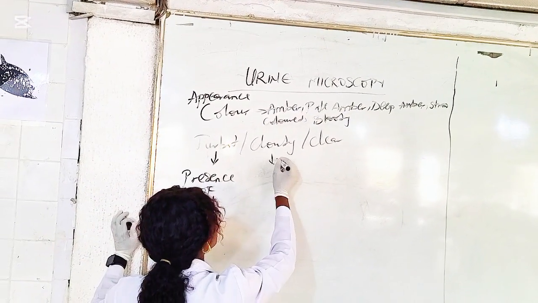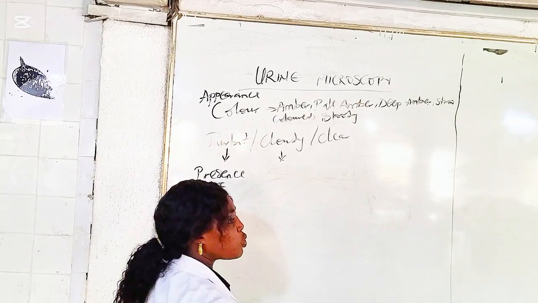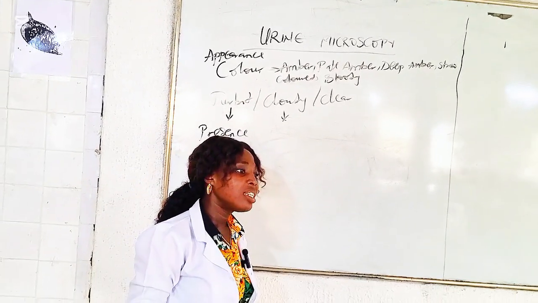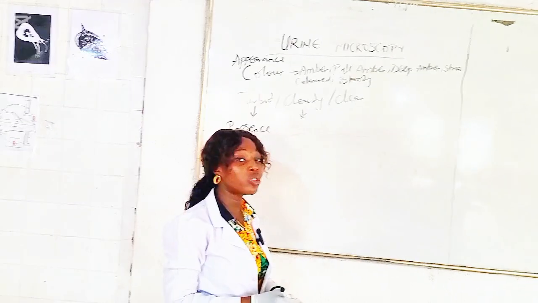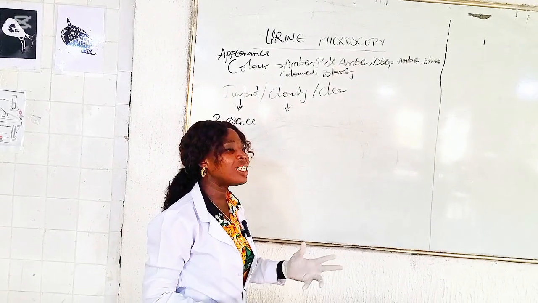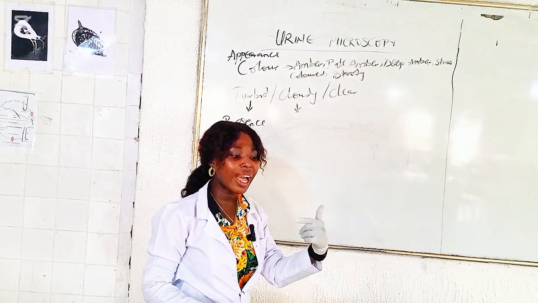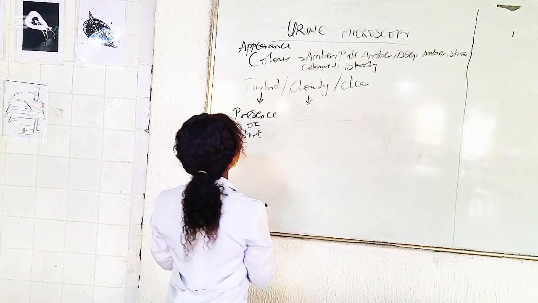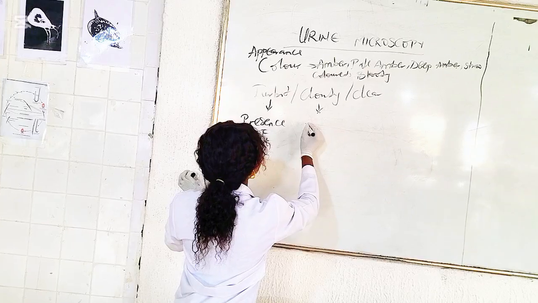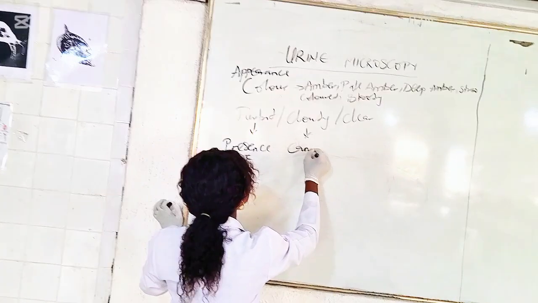But when it's cloudy, you may not really be able to pinpoint any particular dirt. There's a kind of fine dirt that is not so big. When urine is not see-through, that means it's not transparent. You say it is cloudy, so you cannot see through.